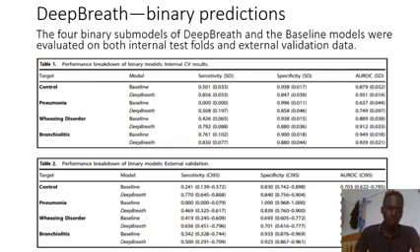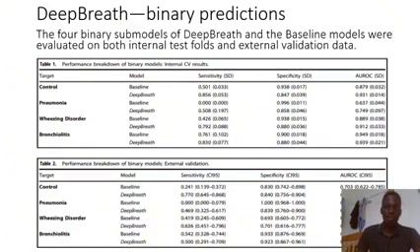This is the Deep Breath binary predictions. As we said earlier, there are four targets. Here they use the Deep Breath model and compared it with the baseline model. These were the sensitivity results, the specificity results, and the AUROC, the area under the receiver operating characteristic curve.